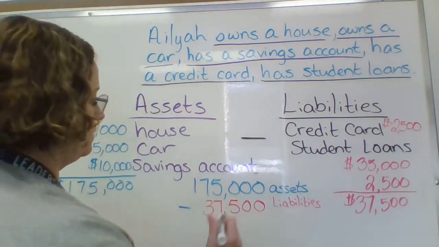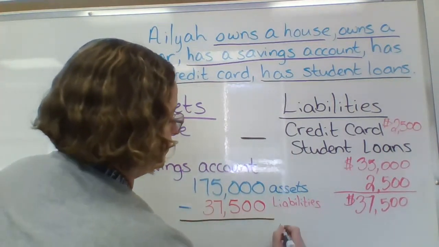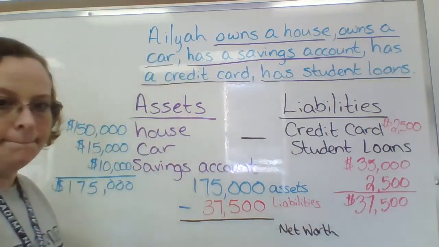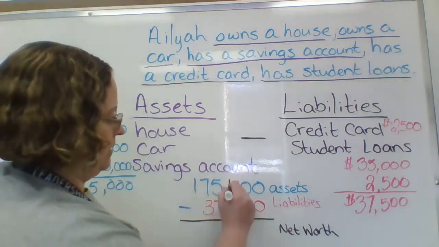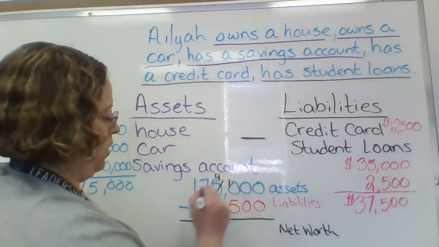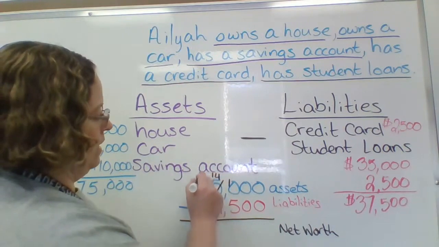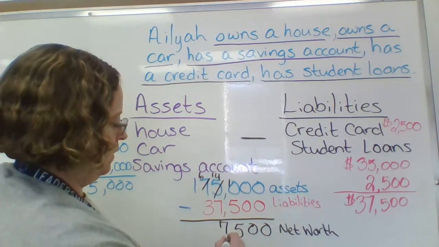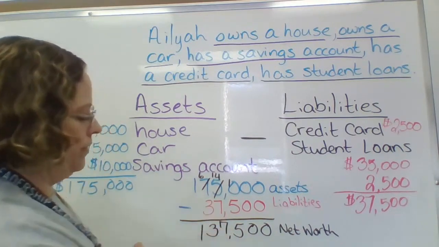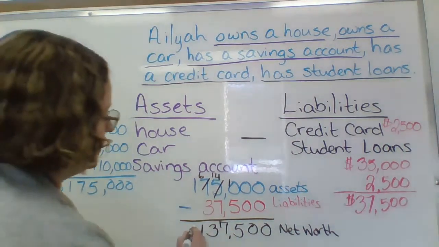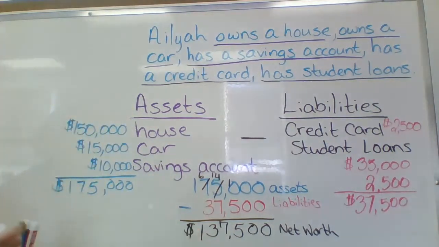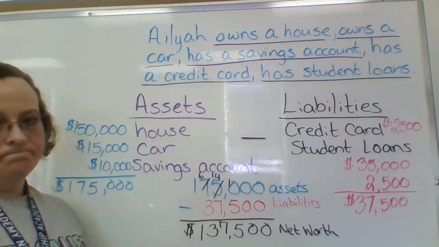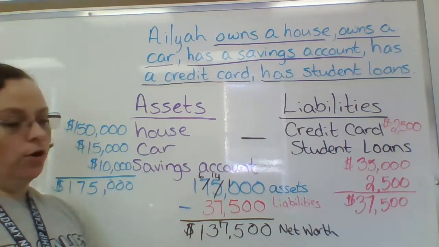And that, my friends, will give me my net worth. All right, so let's see. That becomes a 10. So that becomes a 4, which then becomes a 14. That becomes a 6. All right. So 5, 7, 3. So Aaliyah's net worth would be $137,500. Okay, so that would be her net worth.